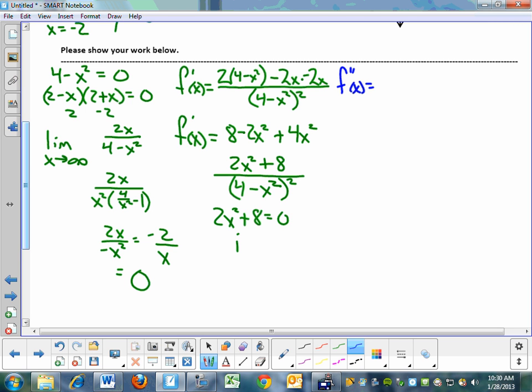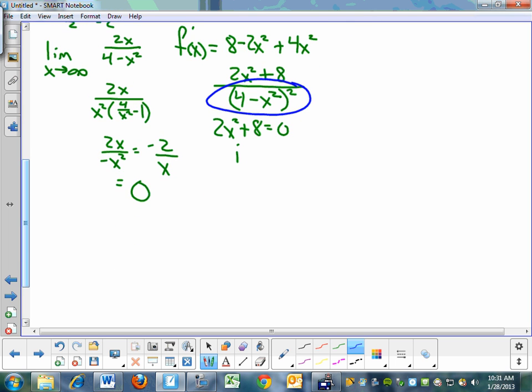What is the derivative of the top? 4x, and we're going to multiply that by the bottom, which is 4 minus x squared quantity squared, minus the top left alone, which is 2x squared plus 8. Very good. We've got to chain rule the bottom. What's the derivative of the inside?